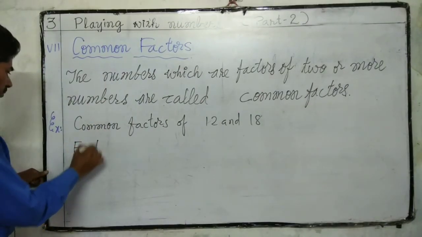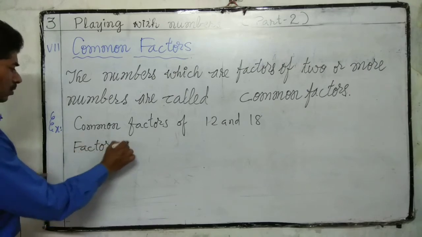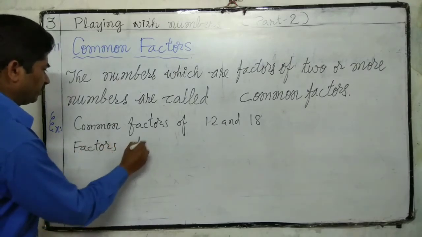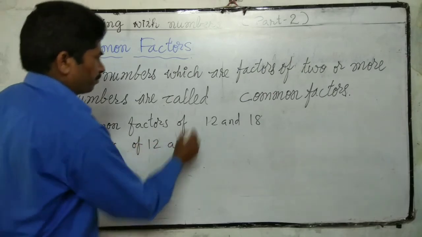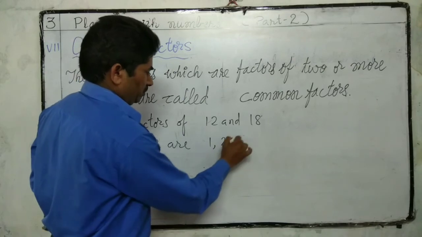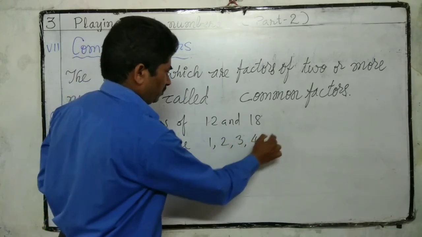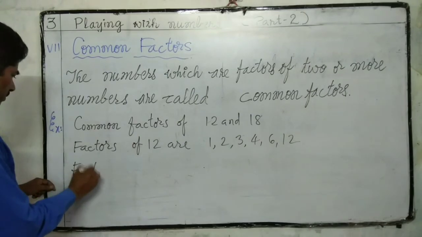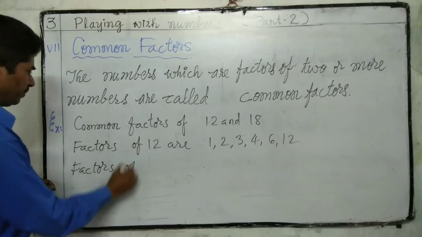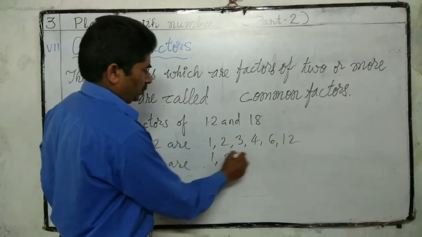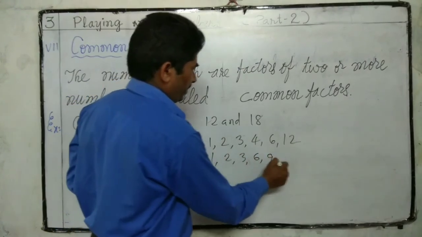Factors of 12 are 1, 2, 3, 4, 6, 12. Factors of 18 are 1, 2, 3, 6, 9, 18.